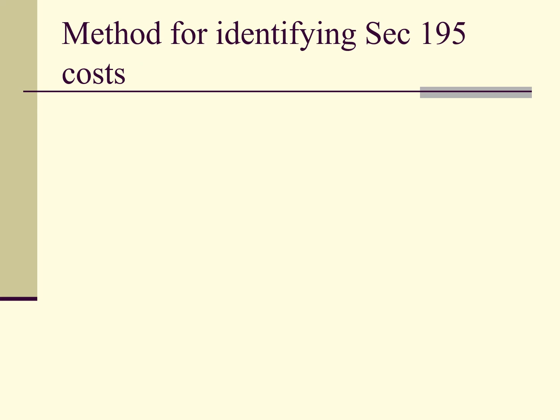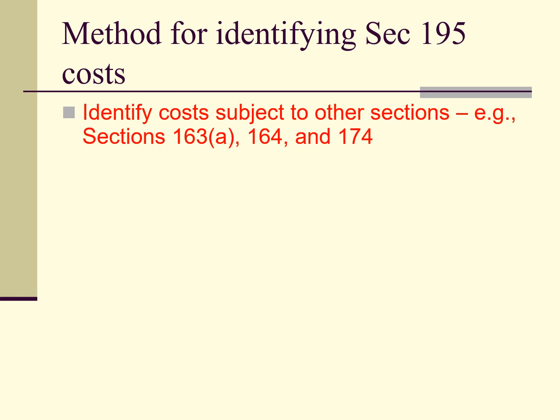Here is how to apply these rules in identifying Section 195 costs. First, identify costs that are deductible under specific code sections. These include Sections 163a, 164, and 174.